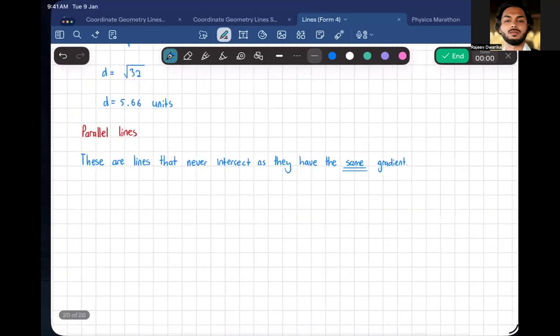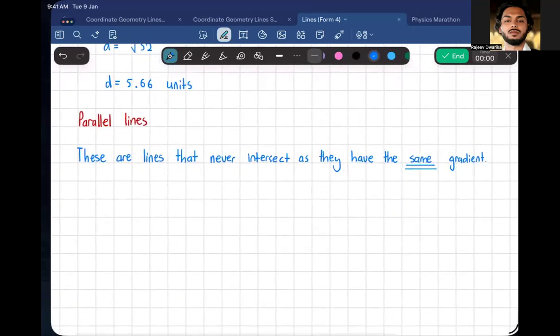Let me give you an example of what I mean. Would these two lines eventually intersect if you extend them?